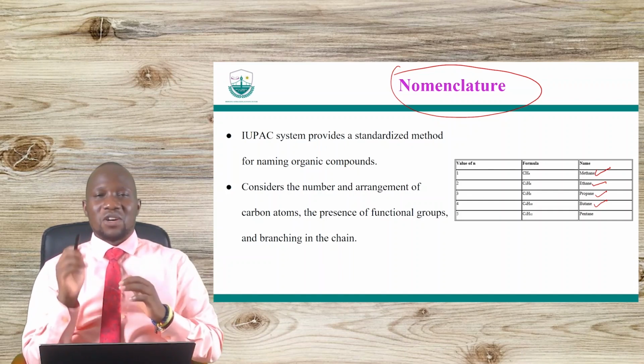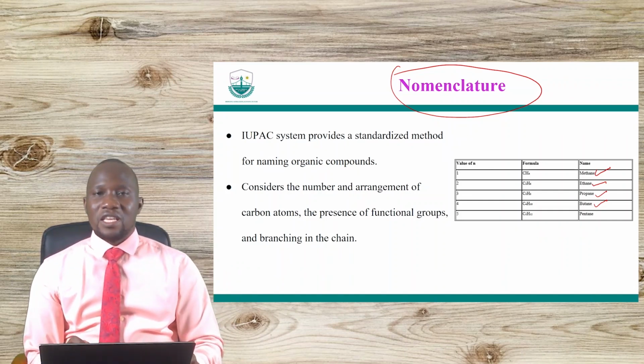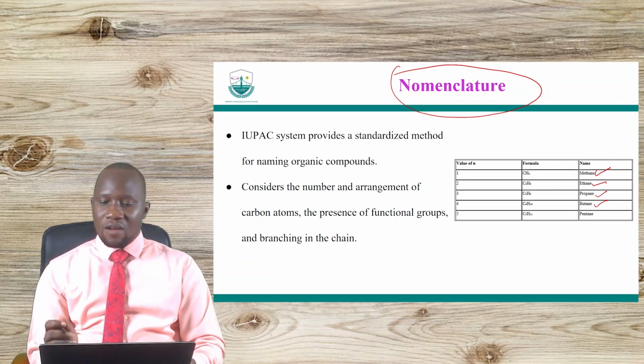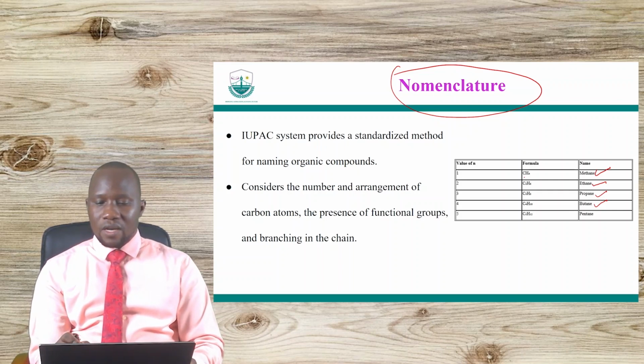So the number and the functional group are very important in telling us about the compound. What we can highlight as of now is the number of carbon atoms. If you have one carbon atom like here, you will have Me.